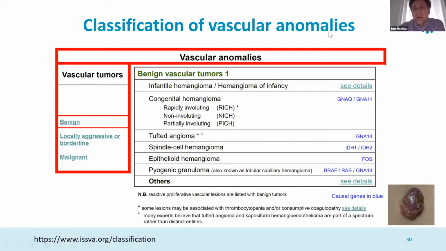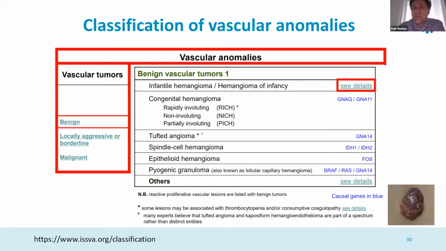What you can see on this table is that the genes which have been discovered to be responsible for these lesions are presented in blue, and they are also presented in this 20 pages classification.